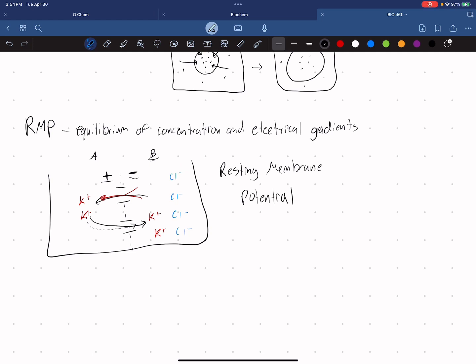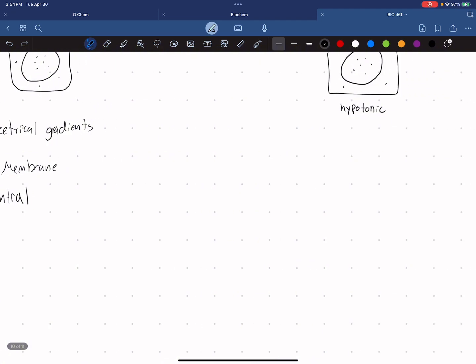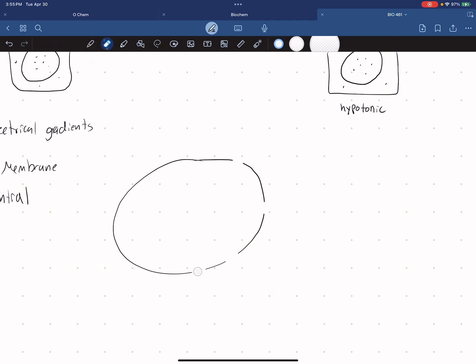And so when thinking about the resting membrane potential, there are a few things that come into play that cause this resting membrane potential to happen. And so what we'll do is we'll start by drawing a cell here, and we will label a few different things.